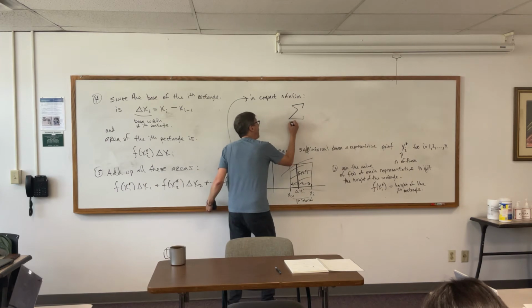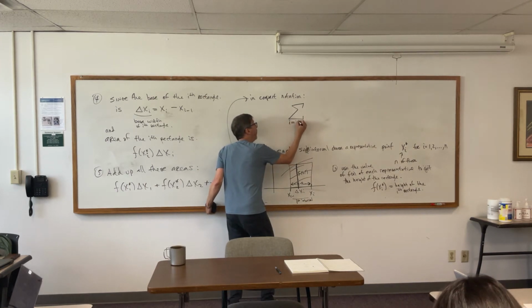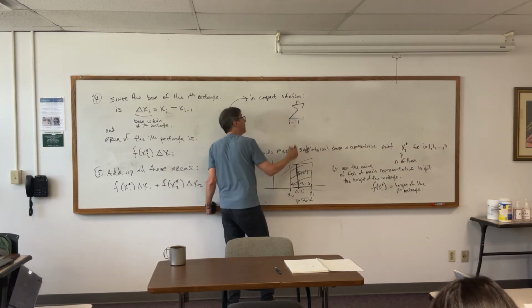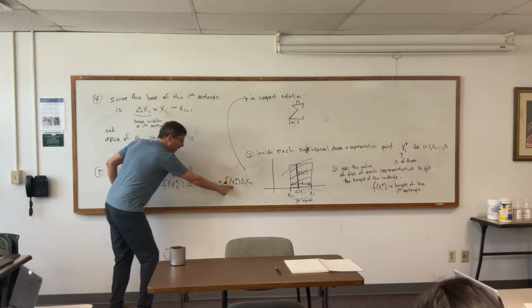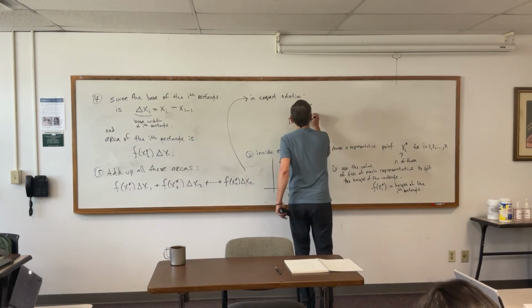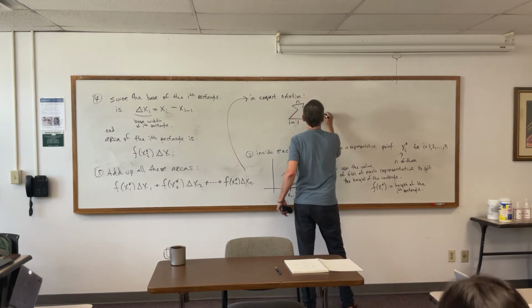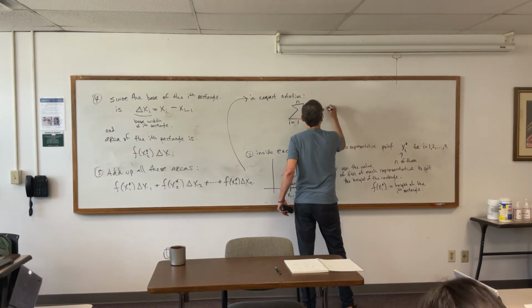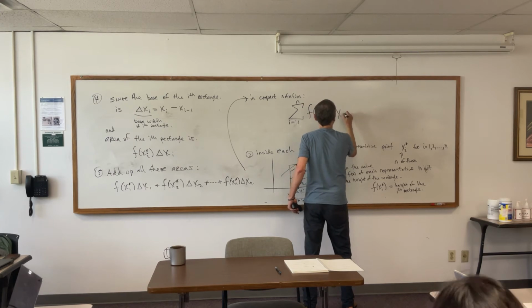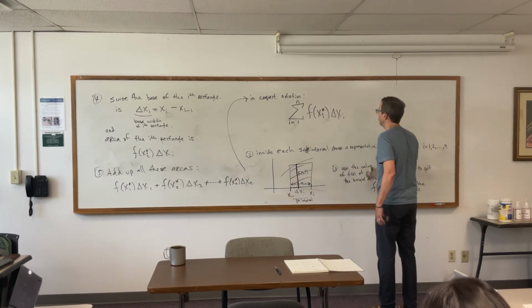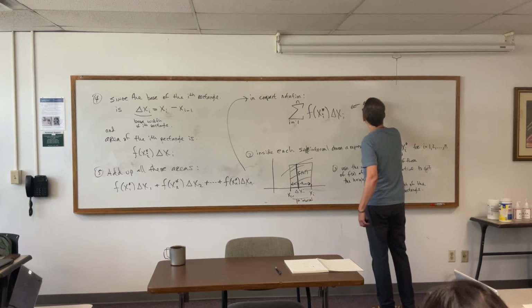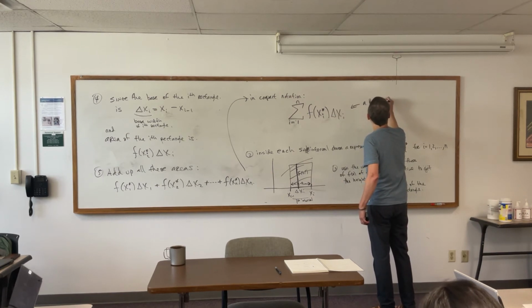Sum, as i runs from 1 to n. 1, 2, 3, all the way up to n. And then here I put the general term, f of x of i star, delta x of i. This is a Riemann sum.